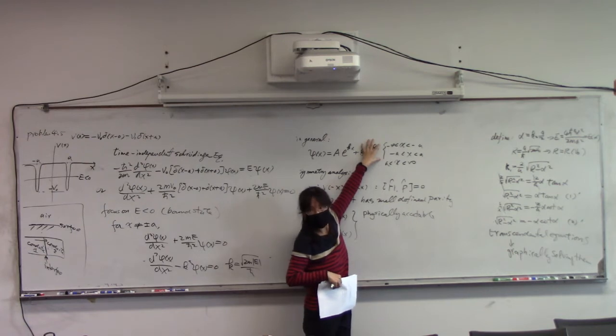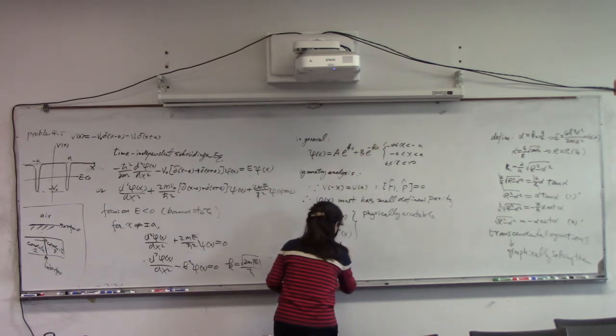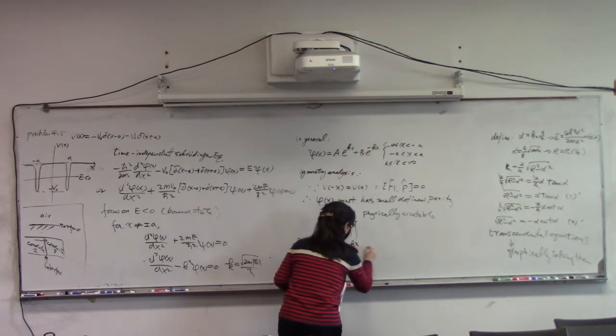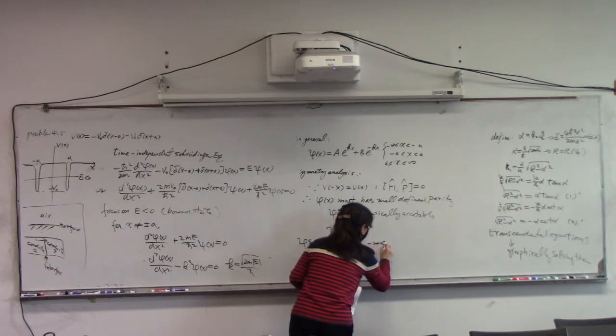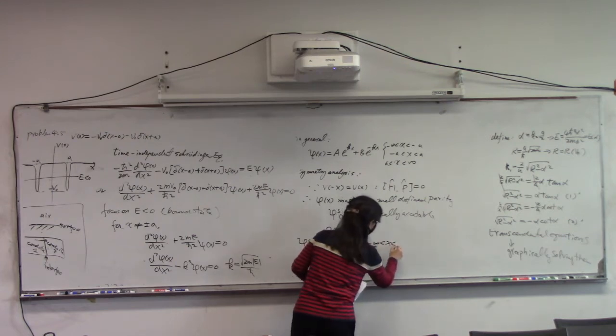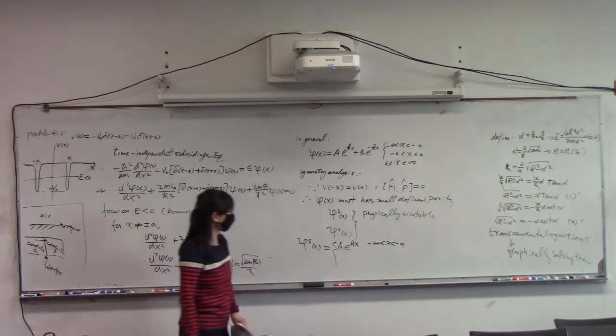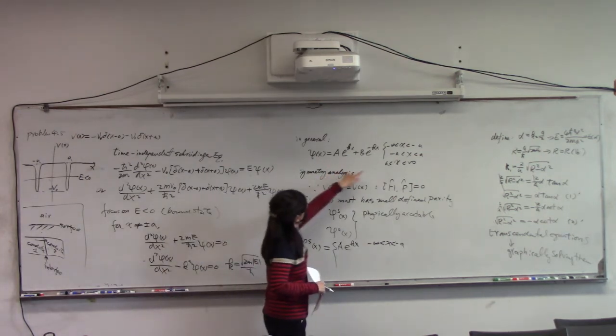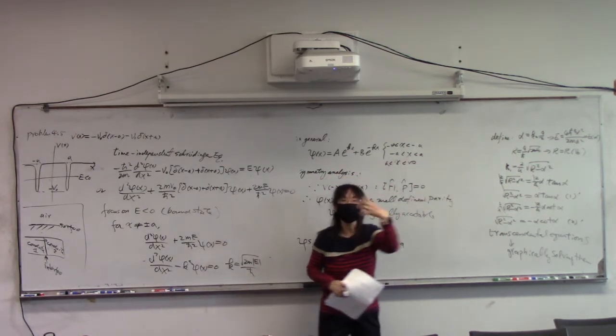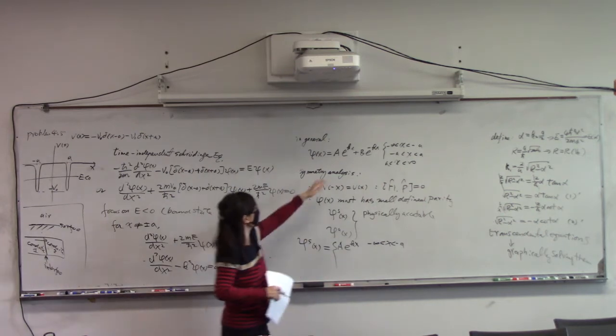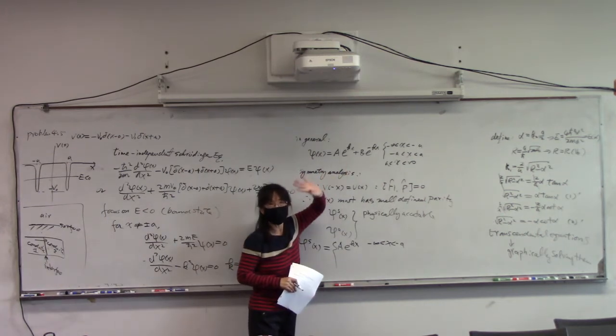So we cannot take this one. So we take A e^{kx} for x less than minus a. Then between minus a and a is finite, so any solution is possible, so a linear combination of these two should be okay.